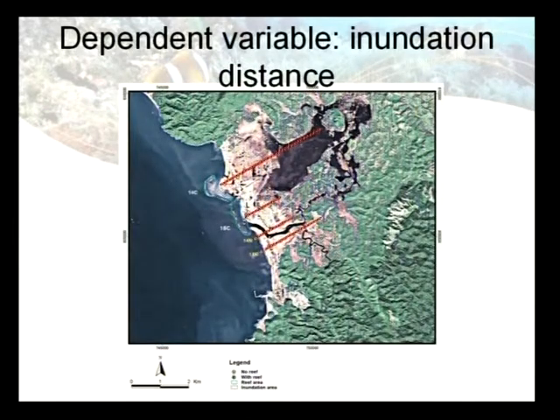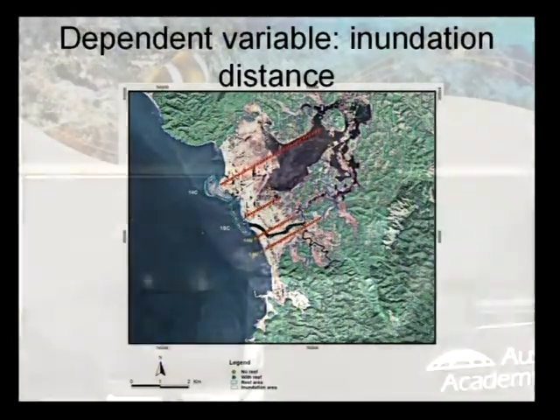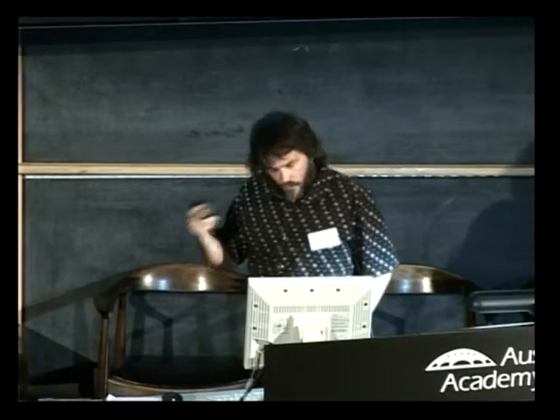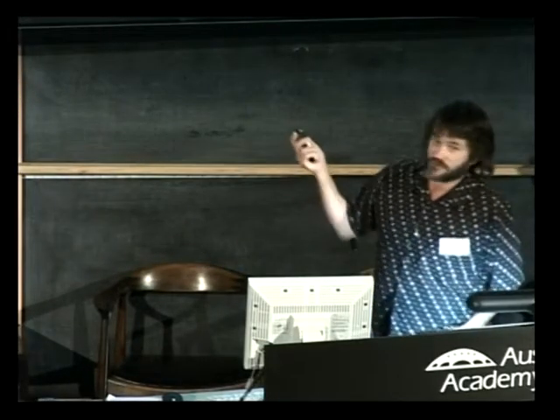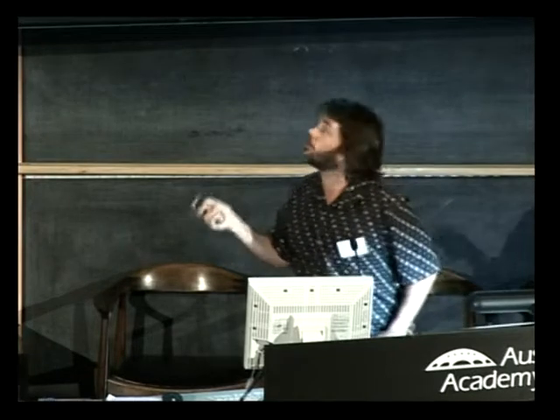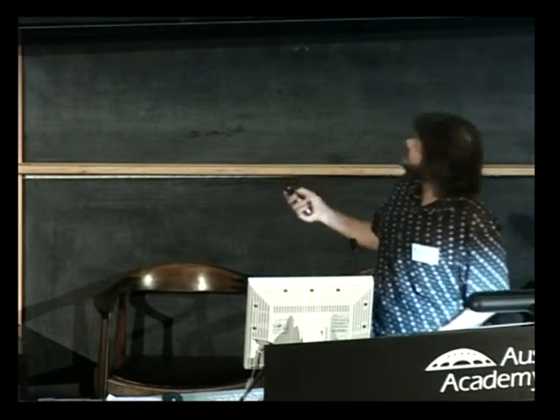And finally, inundation distance, which was our independent variable. So what we're trying to do is explain inundation distance as a function of all these other variables. In particular, the ones we were trying to test were forest, vegetation, and presence or absence of coral reefs and other coral reef variables such as condition.